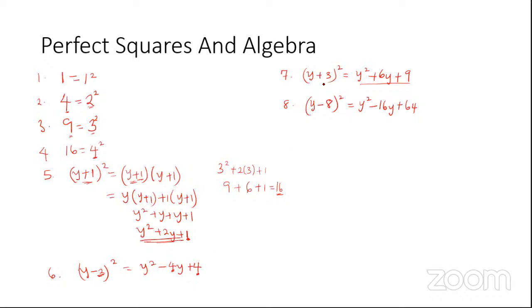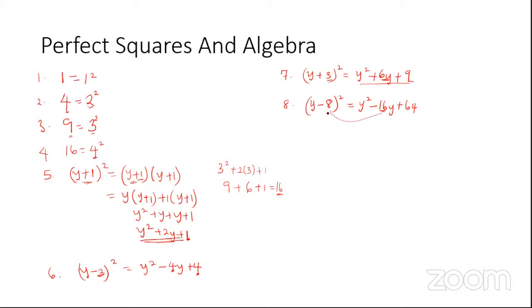Same thing here. If you come here, half of the coefficient of y, half of 6, is 3. You realize that the 3 is what you have here. Now square the 3, you have 9. Half of minus 16 is minus 8.